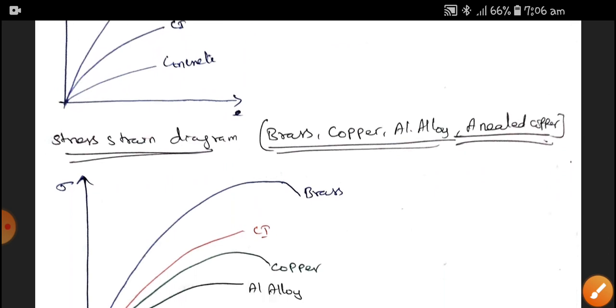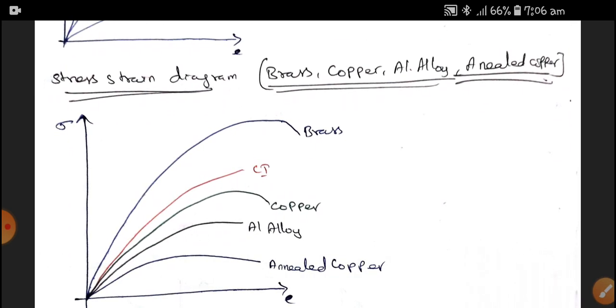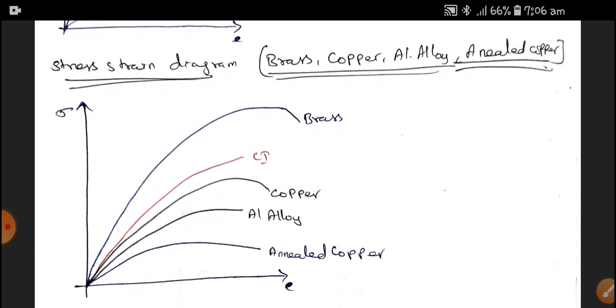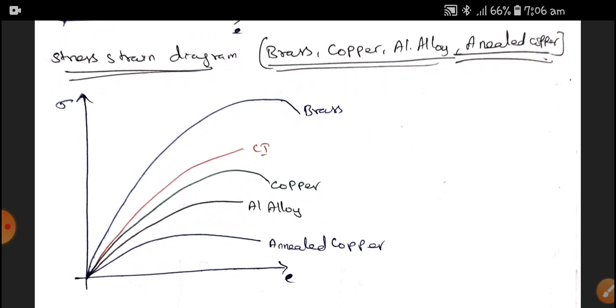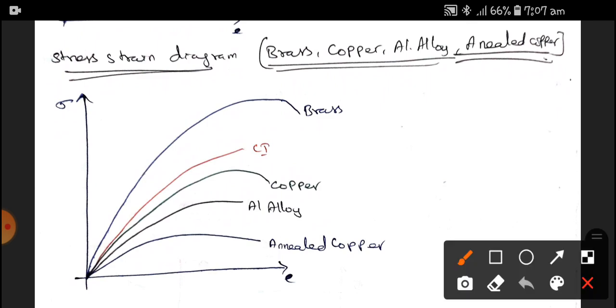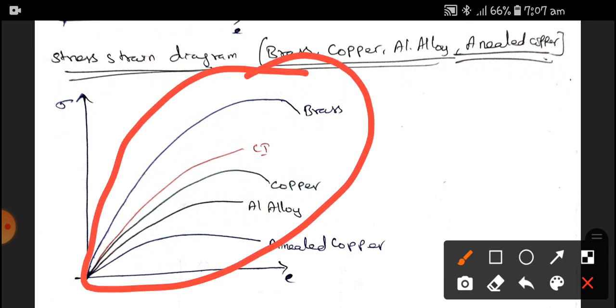Next, we are going to compare brass, copper, aluminum alloy, and annealed copper. We know that all are non-ferrous materials, and they are elastic in nature, as we have understood earlier. But in the stress strain diagram, there is no evidence before breaking.